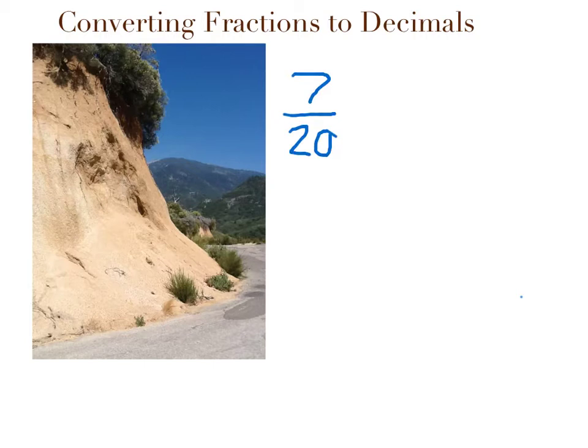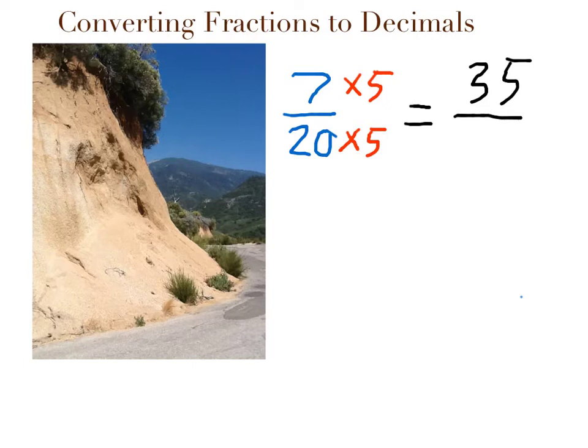If we look at the fraction 7/20, this is easy to convert to a decimal because 20 goes nicely into 100. And this will work out anytime that the denominator is a factor of 10 or 100 or 1000 or any multiple of 10. So I multiply the numerator by 5, I get 35.